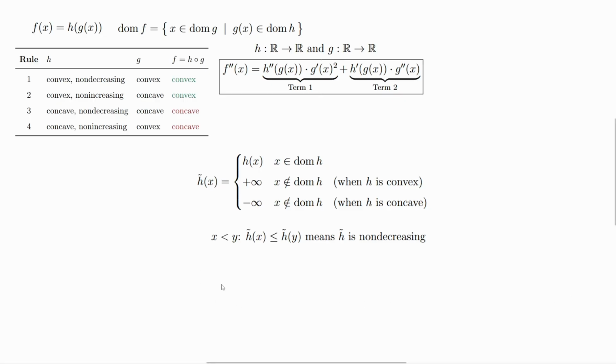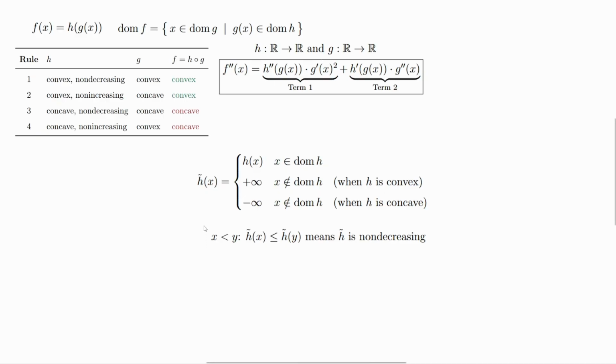In that case, we can take some x to the left of a, and the extended value function evaluated at x will be infinity. But if we take some y on the right side of a, then the value at y must necessarily be less than infinity because it's in the domain of h.